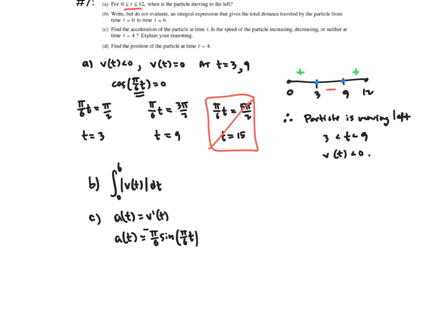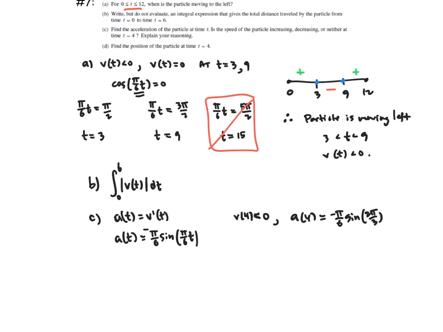Now it says, is the speed of the particle increasing, decreasing, or neither at time t equals 4? Well, v of 4, as I can see from my graph up here, will be negative. So it'll be less than 0. Let's find a of 4. A of 4 is going to be negative pi over 6 sine of pi over 6 times 4, which is the same as 2 pi over 3.